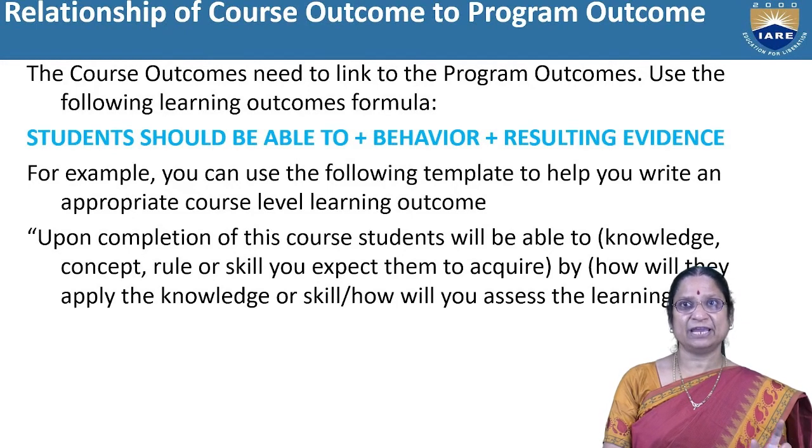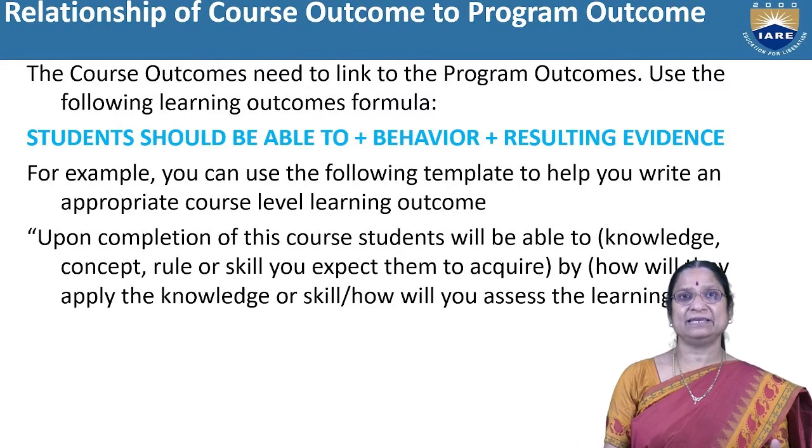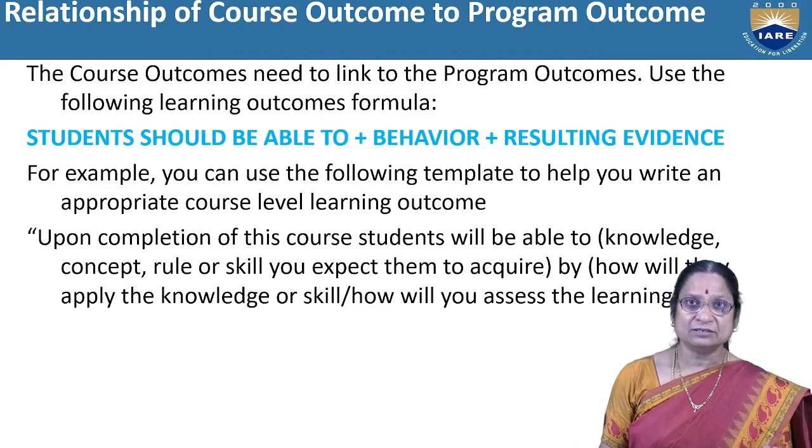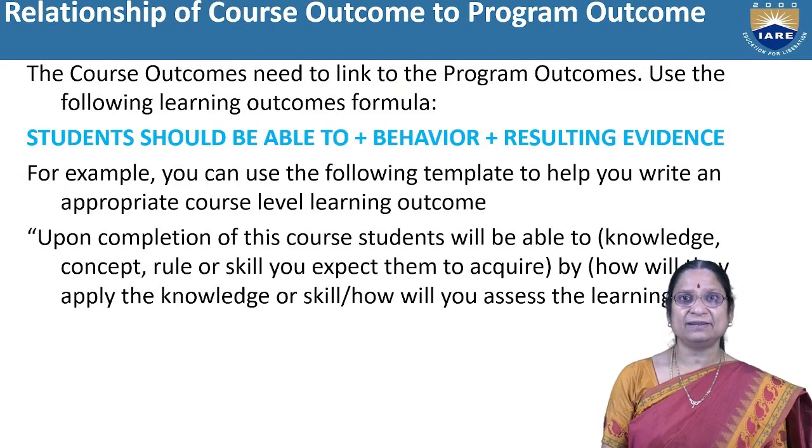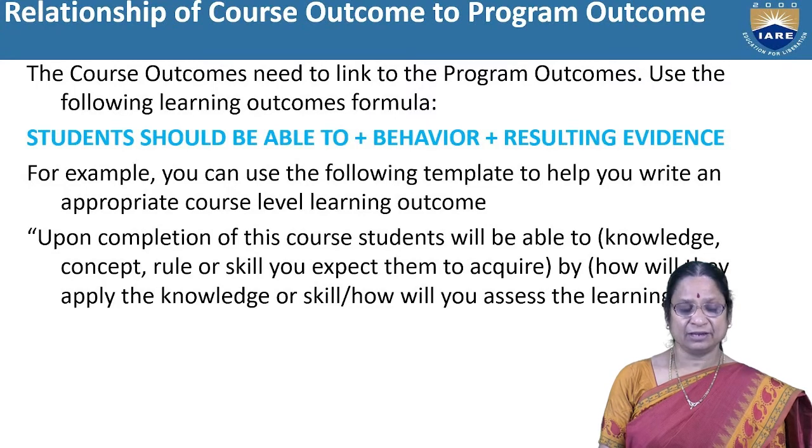Students should be able to do, we will write, and behavior resulting evidence. These must be linked. Based upon this, the linking of a course outcome is with some program outcomes, not all; depending upon the course outcome, it may link with one or more program outcomes. So for example, we can use the following template to write appropriate course level learning outcomes.